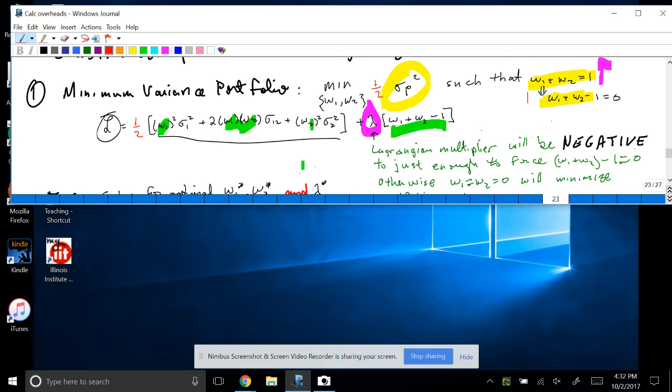it cancels out nicely. So this Lagrangian multiplier is some value that we're going to solve for, and it's going to be just enough to force this condition to hold. So if the way to minimize variance over here without constraints is to hold no weights in either asset 1 or 2, and this part right here gets too small, the difference between these weights minus 1 will become more and more negative times this Lagrangian, and so that's going to push up the value of our objective function.